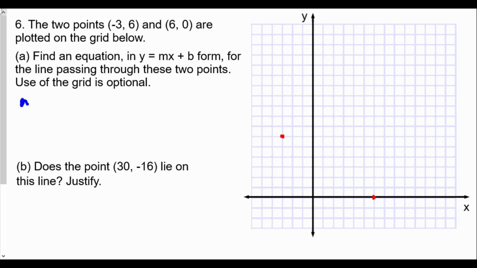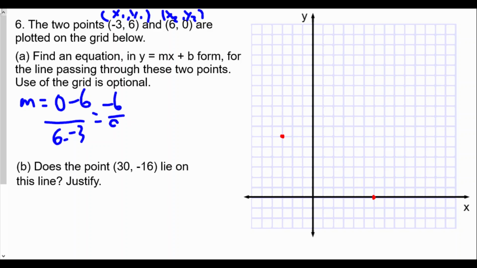First, we're going to use m equals, and I'm going to call these x1, y1 and x2, y2, our first x and y, and our second x and y. So y2 minus y1 over x2 minus x1 is 0 minus 6 over 6 minus -3, which gives us -6 over 9, or a slope of -2/3.